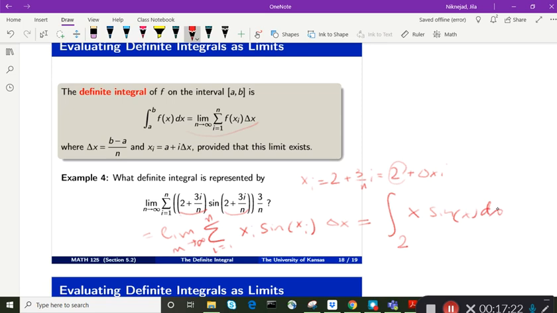Okay, a was easy to find. Now, let's see, how do I find b? So as you run i from 1 to n, x runs from 2 to 2 plus 3. So the upper part is 5, basically. And we're done.